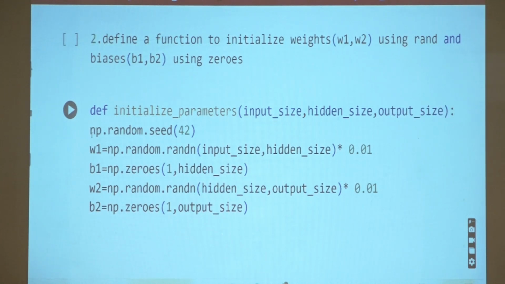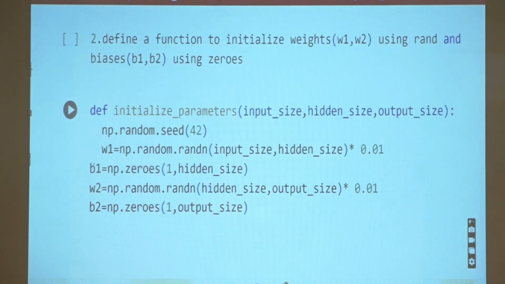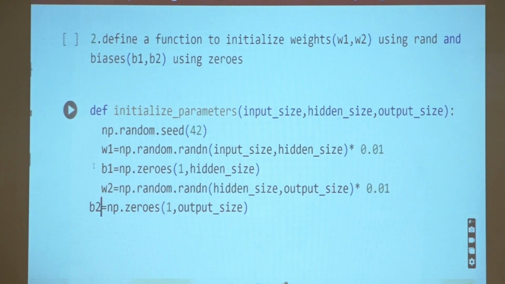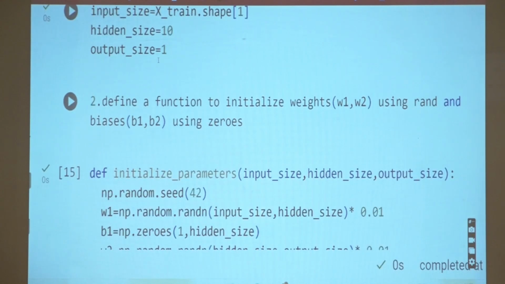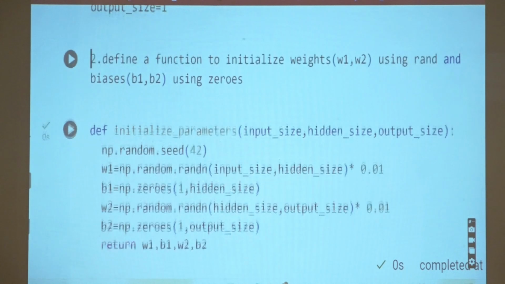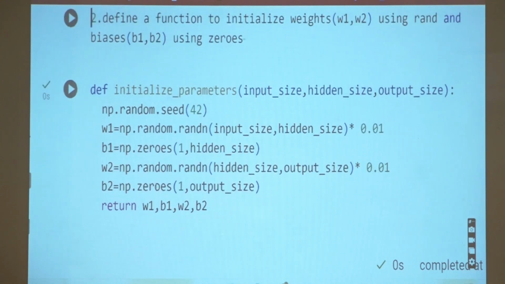I am taking a function called initialize parameters and I am initializing W1, W2, B1, B2 for the input layer, hidden layer and output layer. We have initialized the parameters and defined a function to read those parameters and assign weights and biases to that particular network.